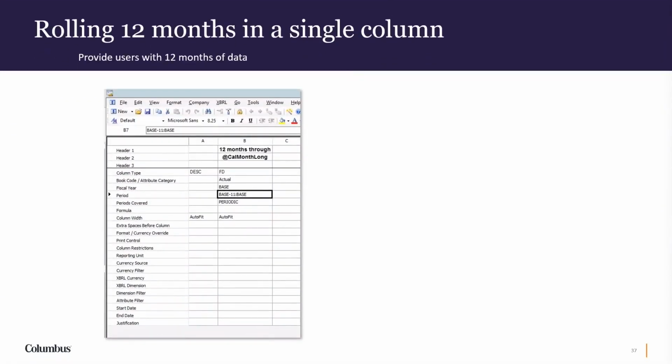Here we're creating a dynamic formula to calculate a rolling 12 months in a single column in the period cell of the column definition. Remember, base is populated from the report date at generation. By using base minus 11 colon base, we can create a rolling 12-month column. If you run this report for October, your base becomes 10.